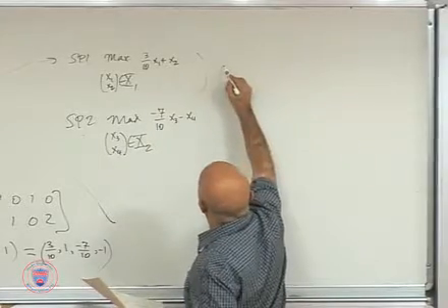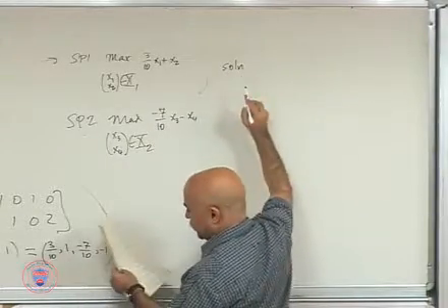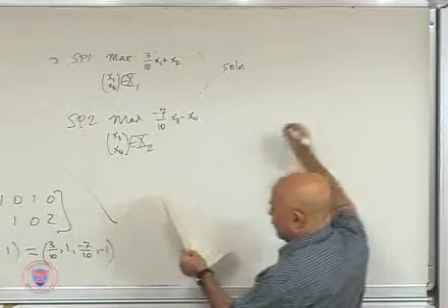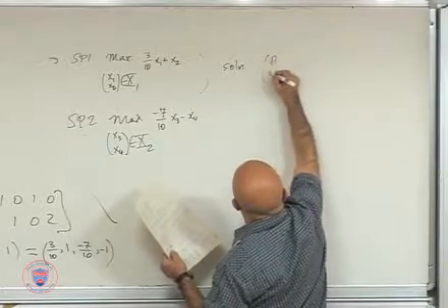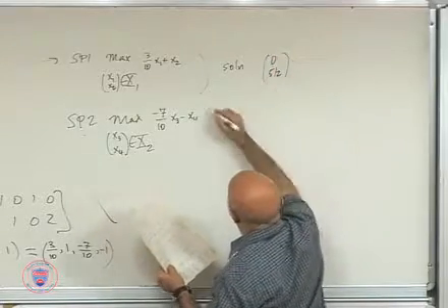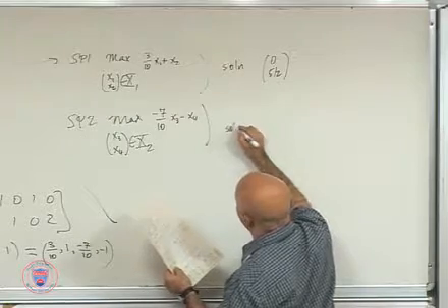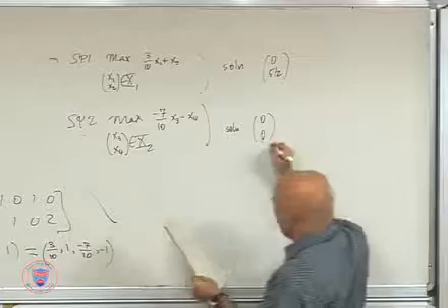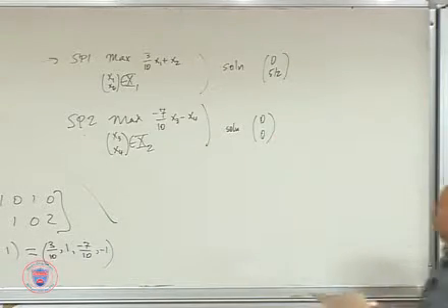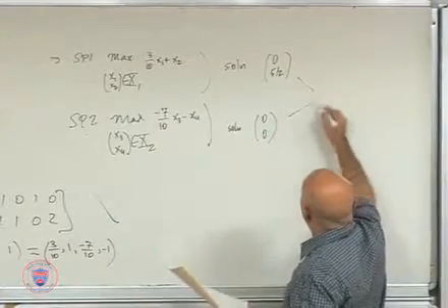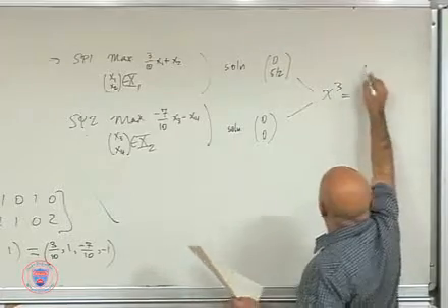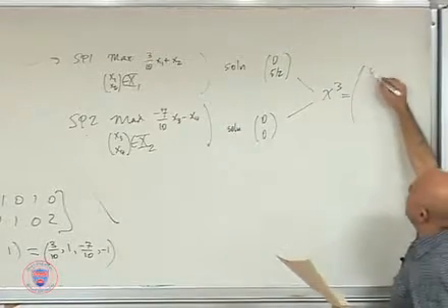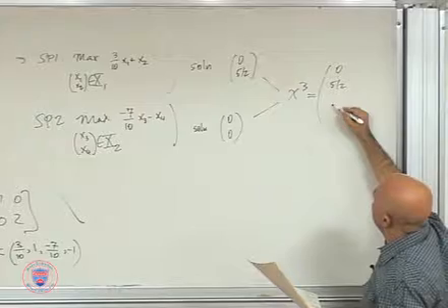Okay, so the solution here happens to be 0, 5 halves. And the other one gives you a solution of, what is it? 0, 0. So, combining these two, my third extreme point is 0, 5 over 2, 0, 0.